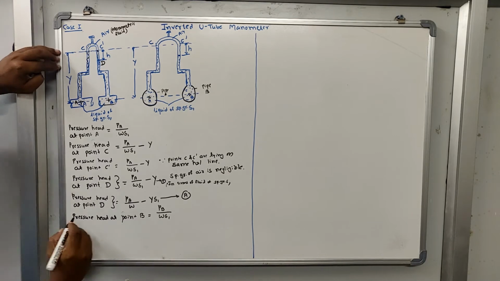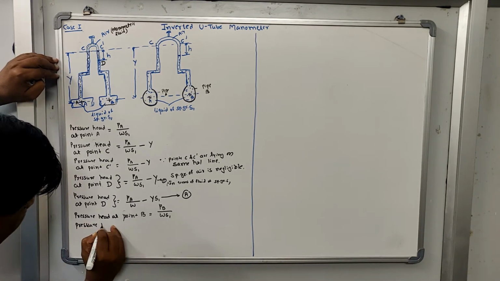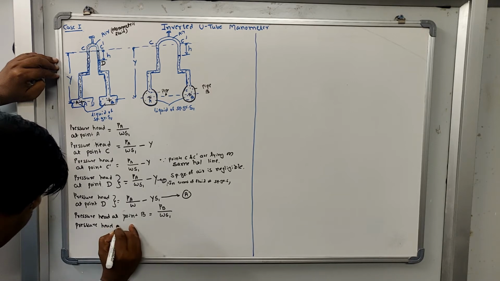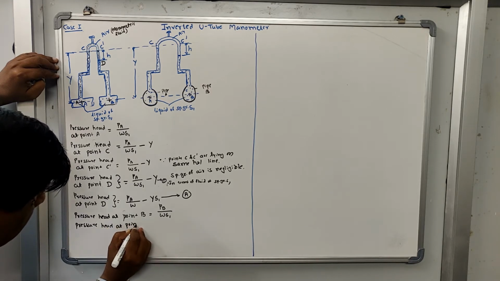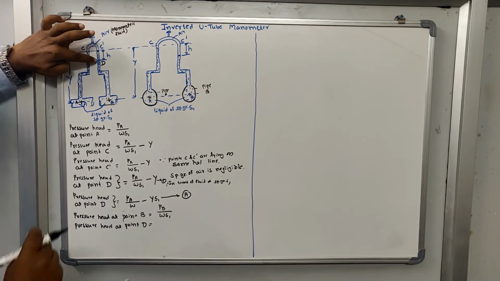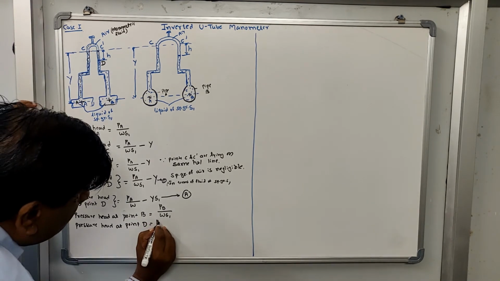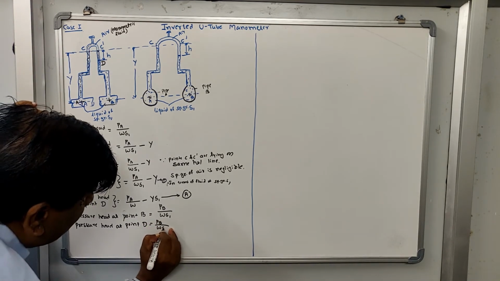Now pressure head at point D. Okay, pressure head at point B is PB by WS1.